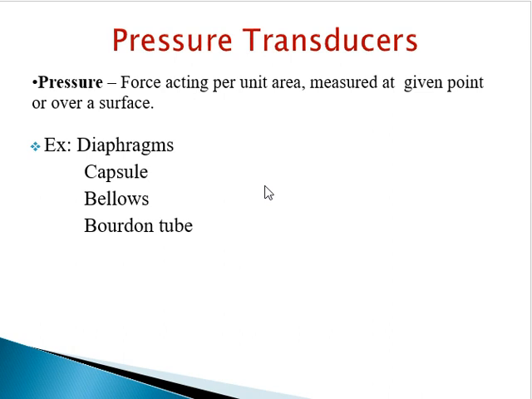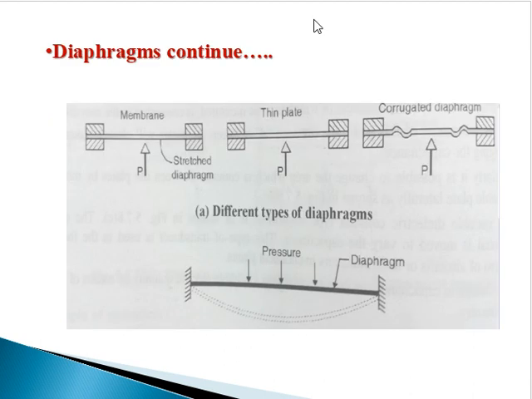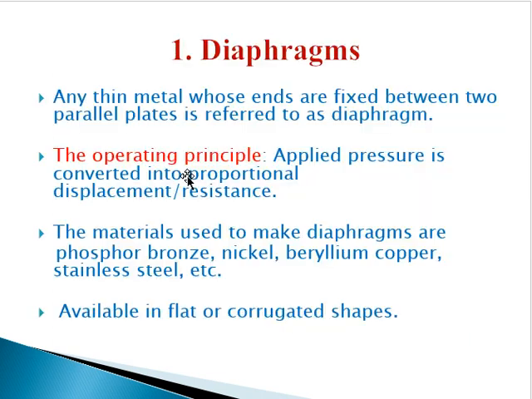So let us start with the diaphragm. I will show you the different types of diaphragms first. What is basically a diaphragm? Any thin metal whose ends are fixed between two parallel plates is referred to as a diaphragm.